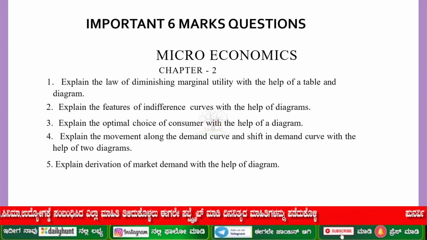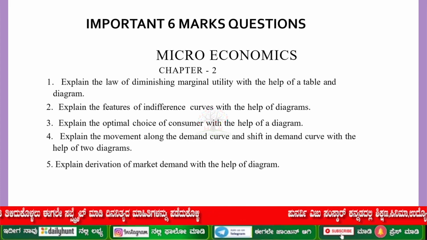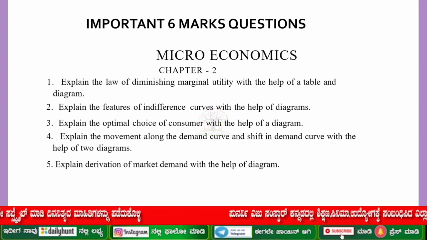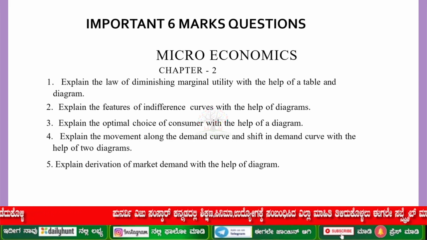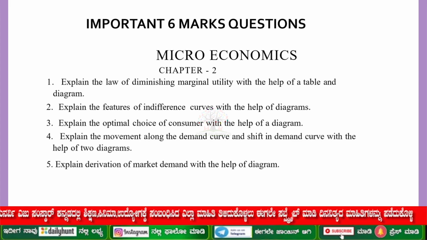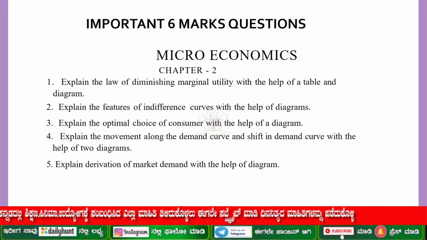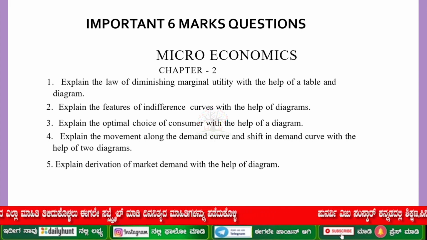So if we consider microeconomics, from the second chapter they are going to ask 1 6-mark question. From this chapter, there are 5 important questions which you need to prepare. Out of these 5 questions, 1 question you are going to answer in the exam.